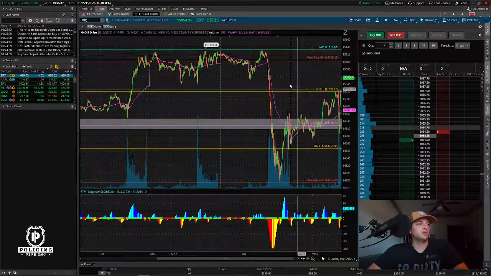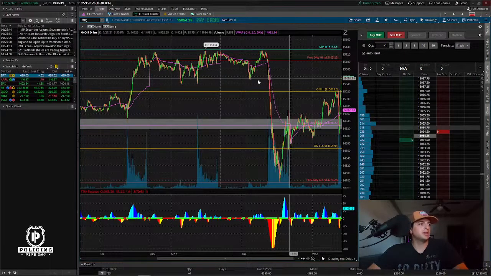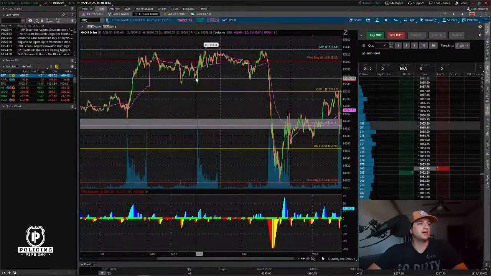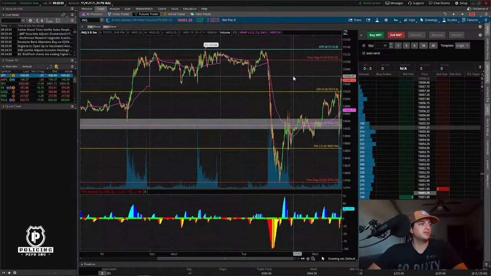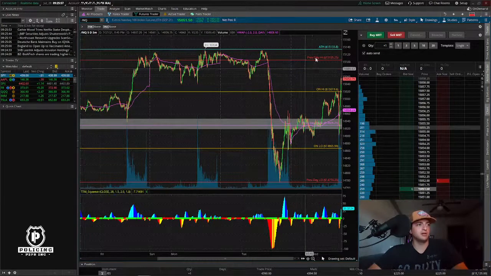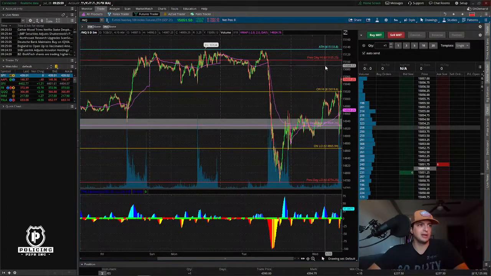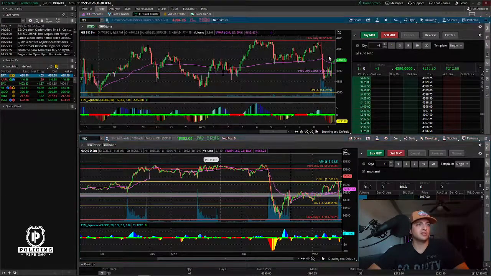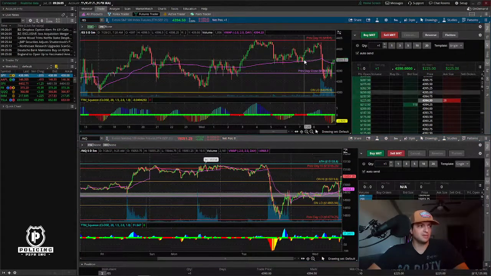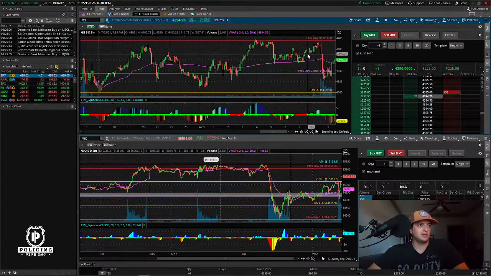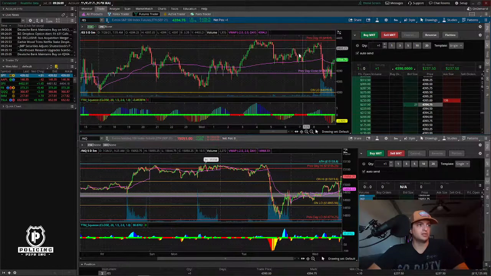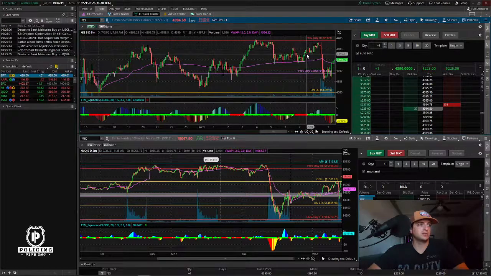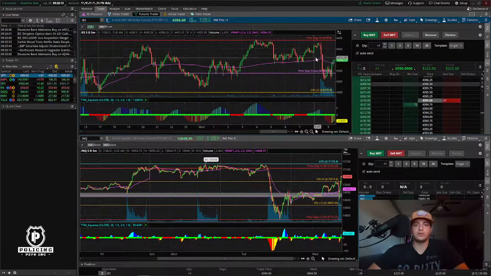I don't know what kind of resistance we got here. There it is. See that beautiful rejection of that 15,060 level. There's a nice little zone. If it does push above that, I think you're going to be running on up to the high. But that's a solid resistance level. We're sitting at this resistance level here. The zone, like I said, it could push to the top of here, first to 97, then up to 4,400.